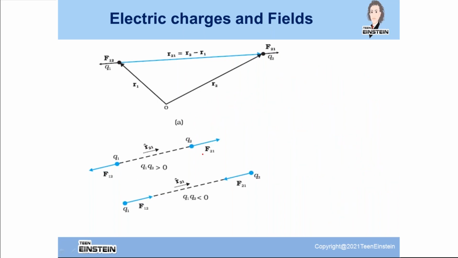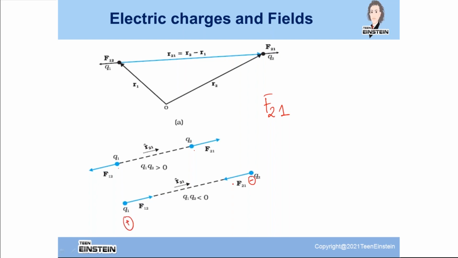Now this is for the positive case. If I have one positive and another negative, they will be attracting each other. Look here, this is Q1 and this is Q2. The force on the charge Q2 due to Q1: which direction will the force be?